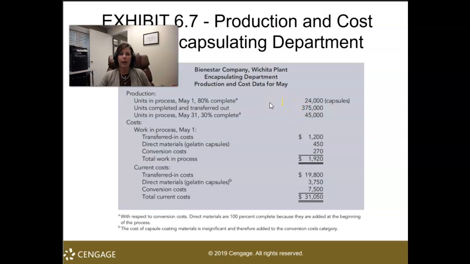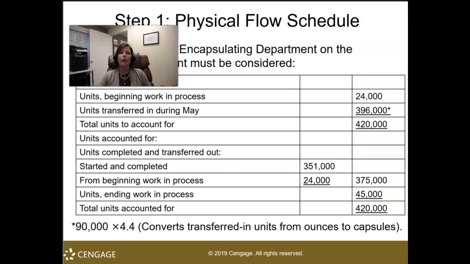They had 24,000 units in process at the beginning. They completed 375. They've got 45,000 at the end. Here are the associated costs for the beginning inventory as well as the current costs during the period.